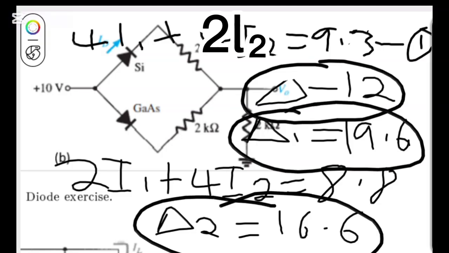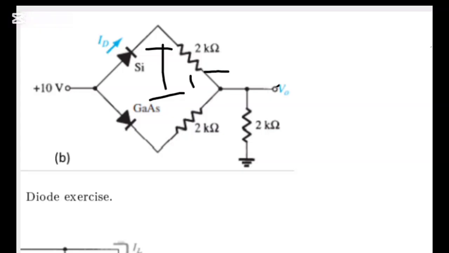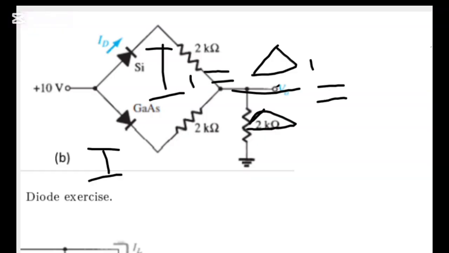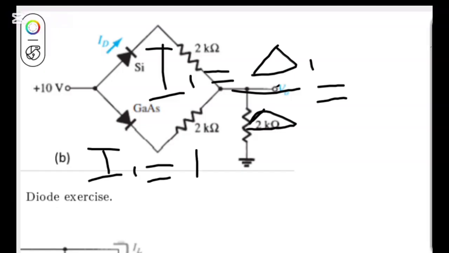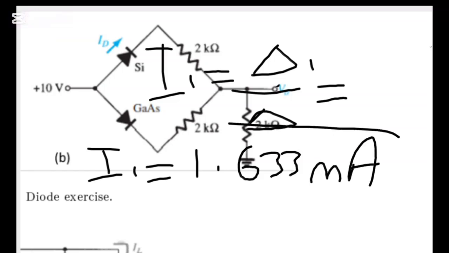So now we are going to find the current. To find the value of I1, it is the same thing as delta 1 over the normal delta. So if you divide, you're going to get I1 should now be equal to 1.633. Because of that kilo, this should now be milliamps.